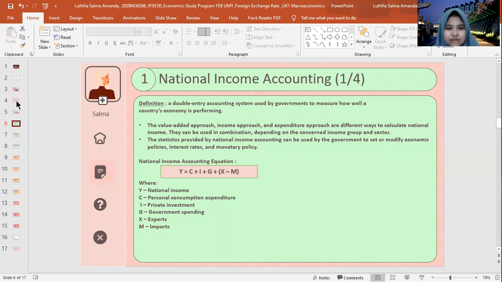The statistics provided by national income accounting can be used by the government to set or modify economic policies, interest rates, and monetary policies.